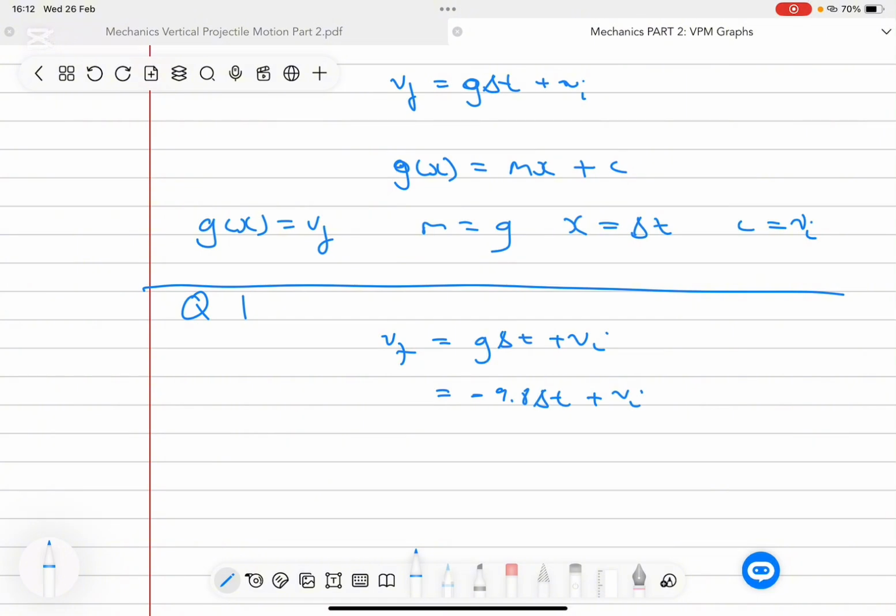Now, this means that our graph has a gradient, a slope, a negative slope. The M here is negative because we can see that our direction of downwards is negative. This means that our graph should go downhill in terms of shape. That's the first thing that we notice from this equation.